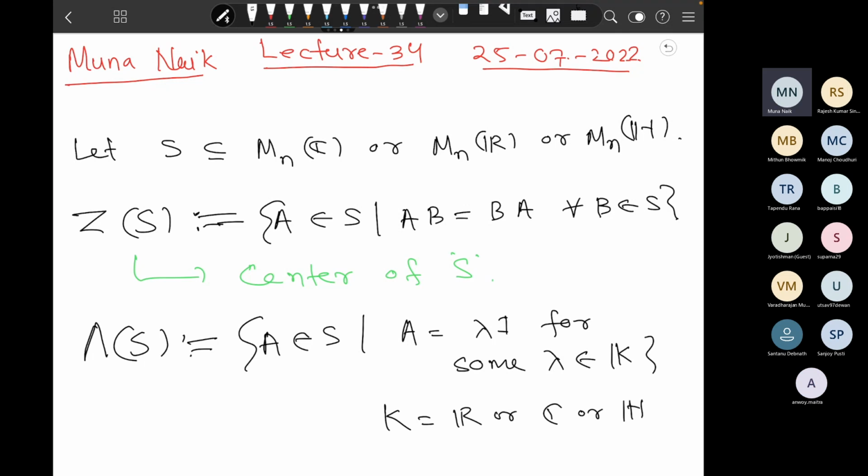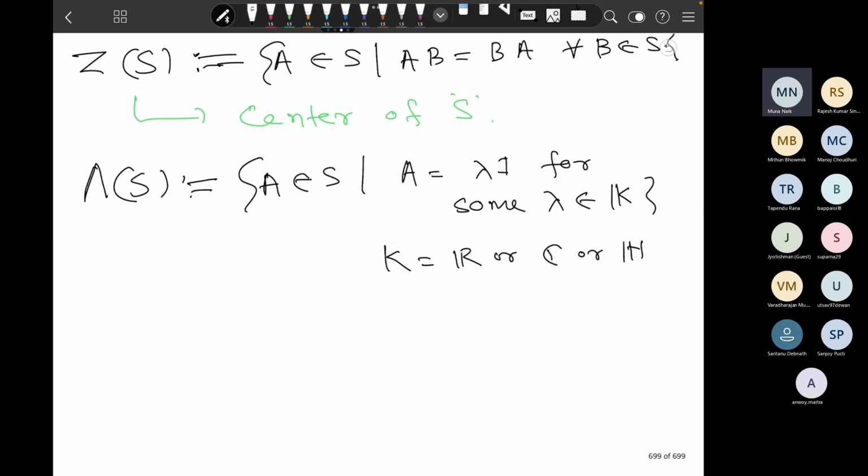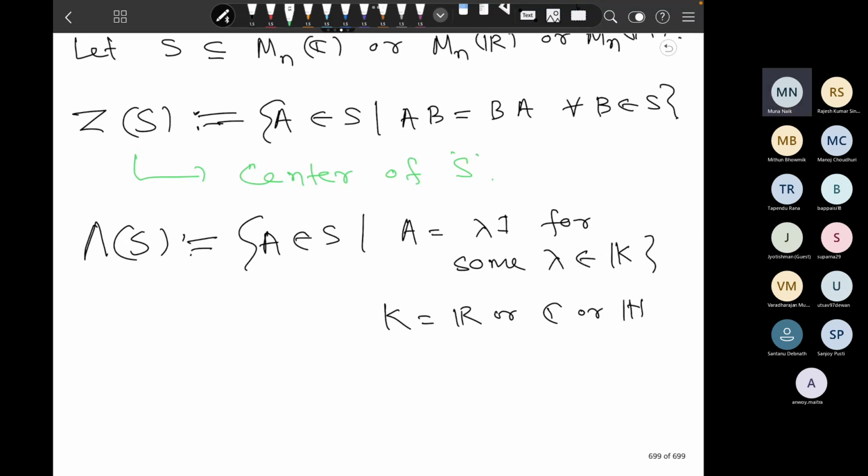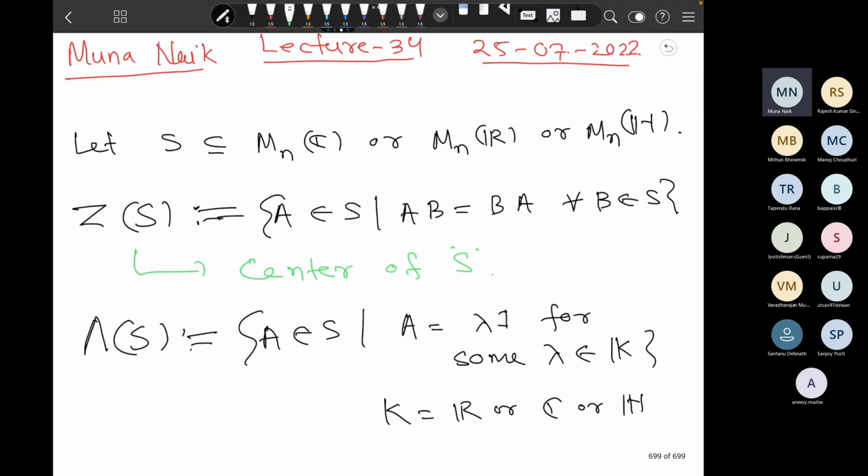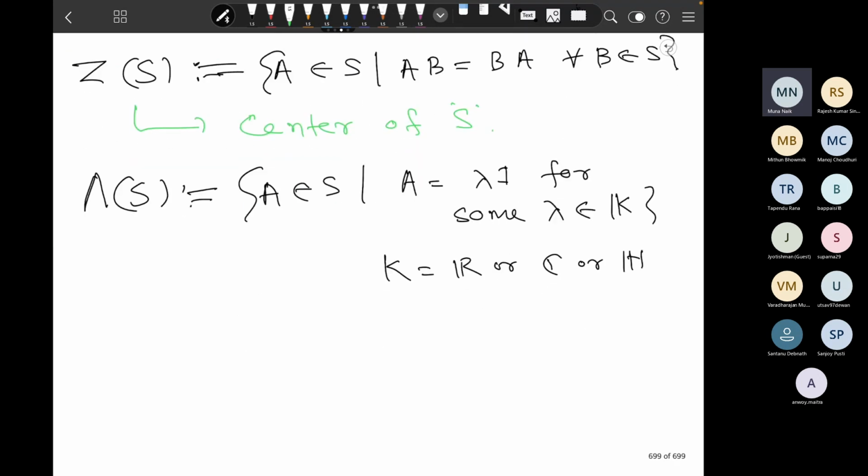That is basically the set of all scalar diagonal elements in S. If I am taking a subset of M_n(C), I will take K to be C. If I am taking S a subset of M_n(H), I will take K to be H. So for the examples which we will look at, we will get Z(S) a subset of Λ(S).